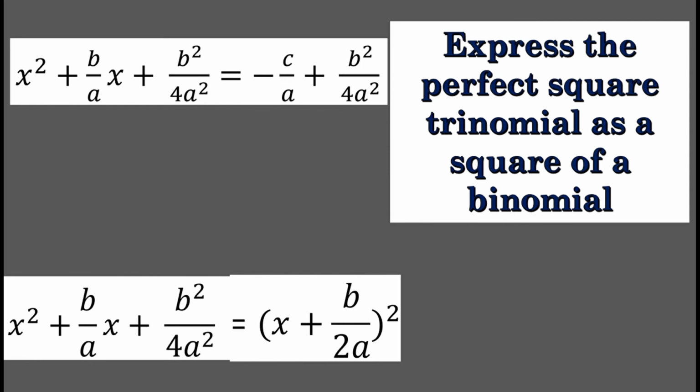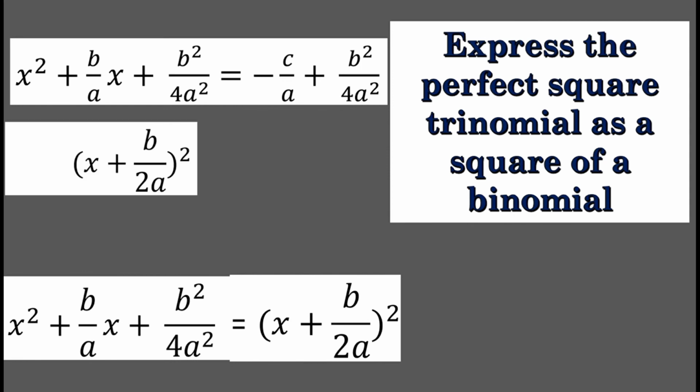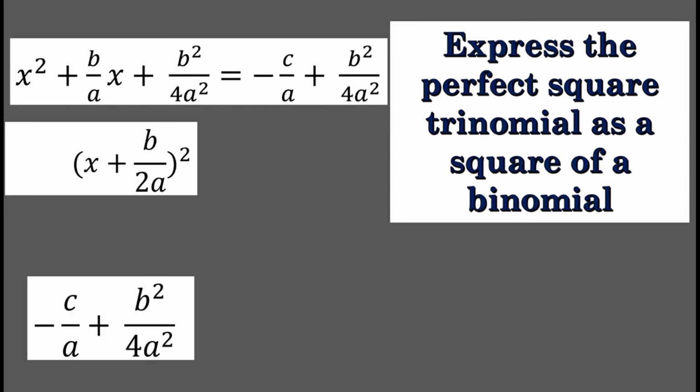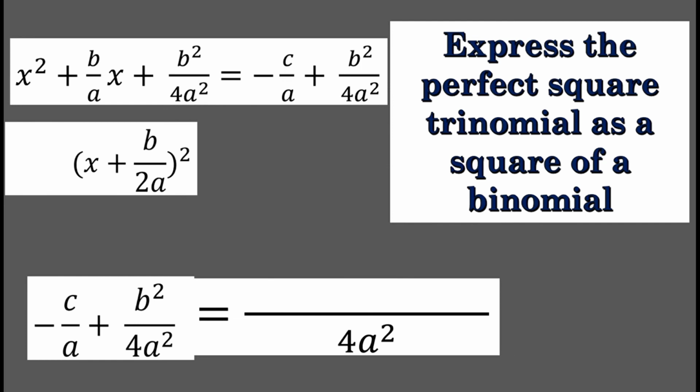It will be placed on the left side of our equation, while negative c over a plus b squared all over 4a squared will be combined. First, look for their common denominator.